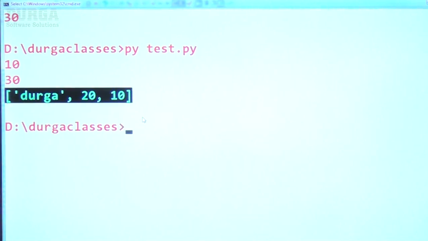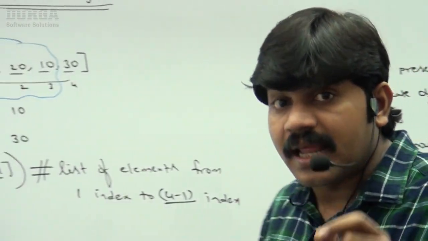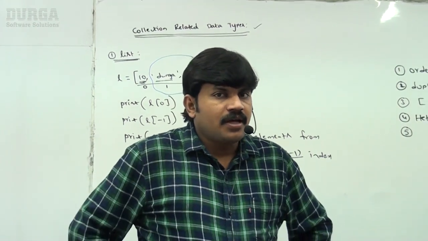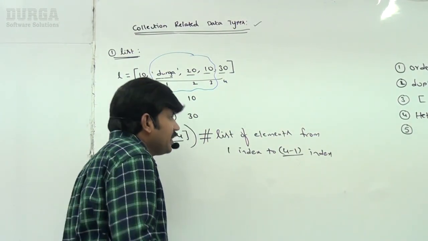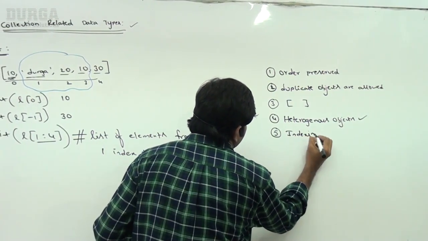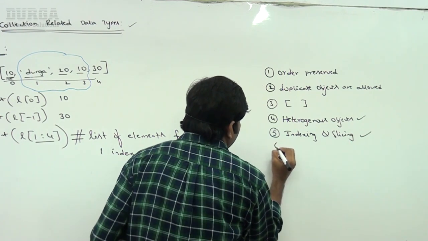So for a list, the indexing concept and the slicing concept are applicable, no problem at all. Are you in a position to understand, right?